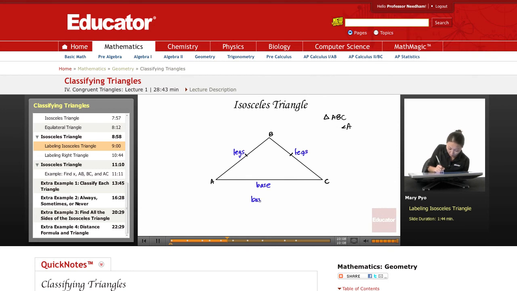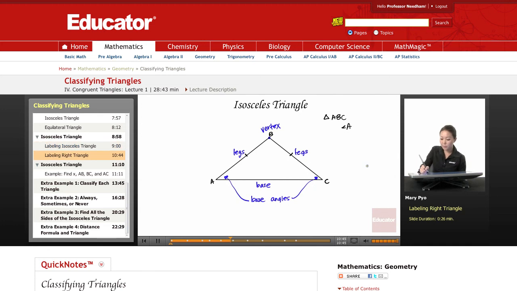So base angles would be this angle right here and this angle right here. And then this angle right here, or that point, is called your vertex. Okay, this right here that's formed from the two legs, the two congruent legs, is called your vertex. Okay, so we have legs, we have vertex, we have base, and then you have base angles. Okay, and this makes up your isosceles triangle.